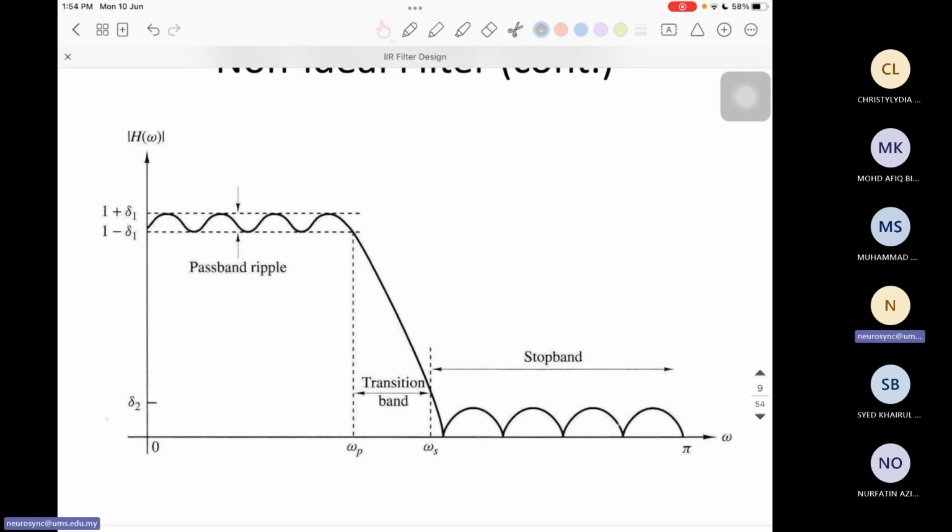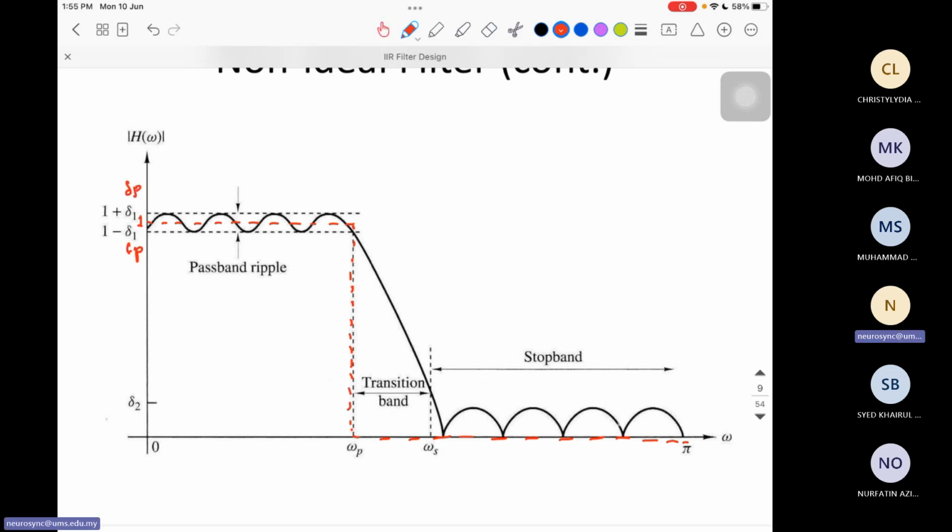Here the ideal case is like this, and this is 1. This is the pass band ripple, with 1 plus delta 1 and 1 minus delta 1.